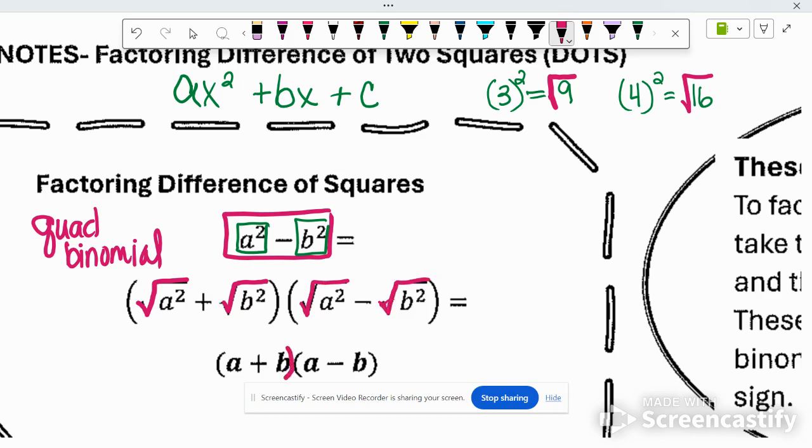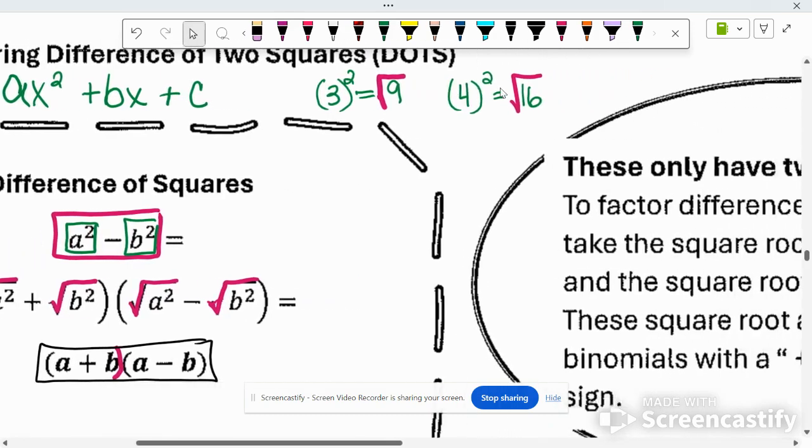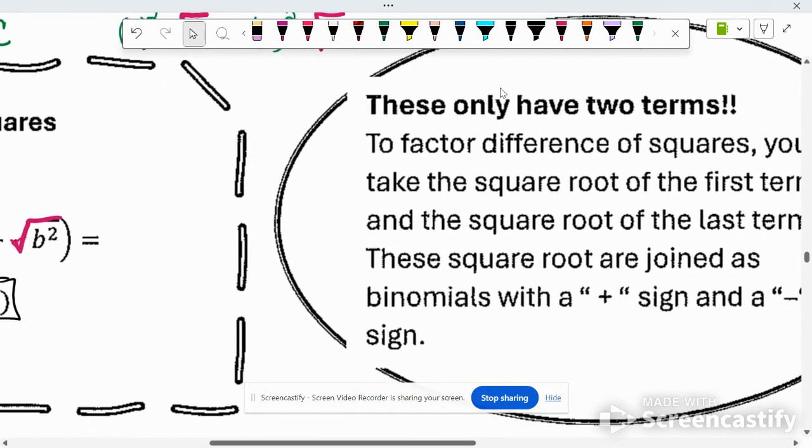Here's really what it looks like. I don't like the way that looks. I think I should have just put the square roots at the beginning. If you just take the square root of each of the terms, you're going to join one of your factors with a plus and one of your factors with a minus. And here's why. A couple of things you want to notice.